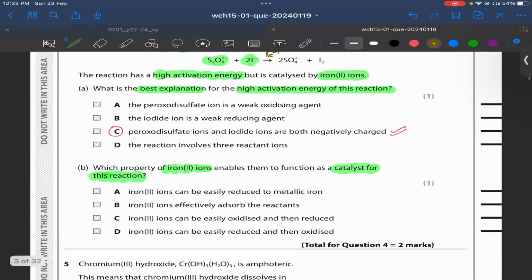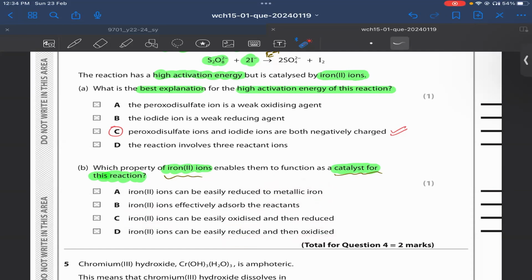So now they're asking which property of iron 2 ion enables them to function as a catalyst for this reaction. Iron 2 ions can be easily reduced to metallic iron. Is this the reason? Iron 2 ions effectively absorb the reactants, or iron 2 ions can be easily oxidized and then reduced, or iron 2 ions can be easily reduced and then oxidized.